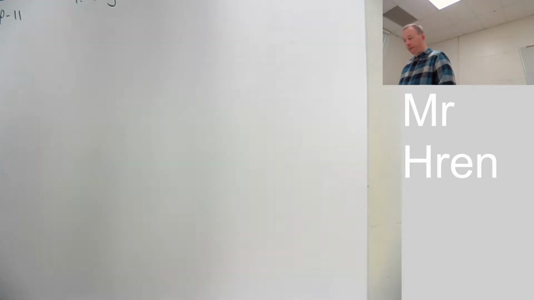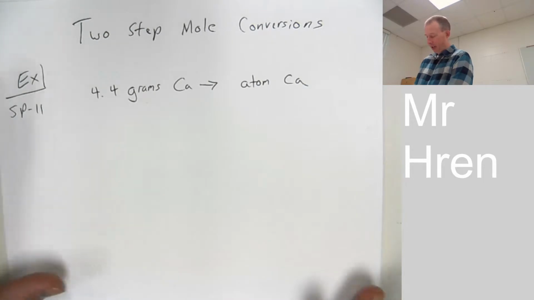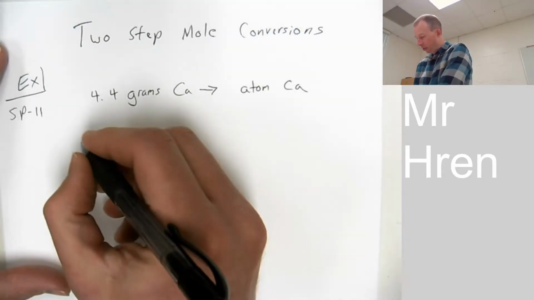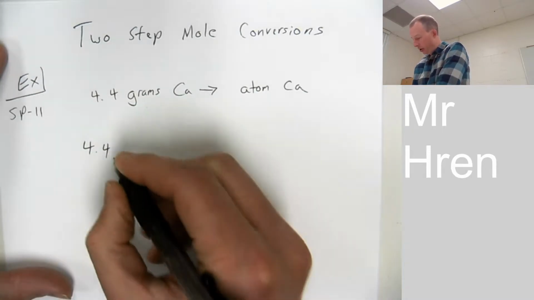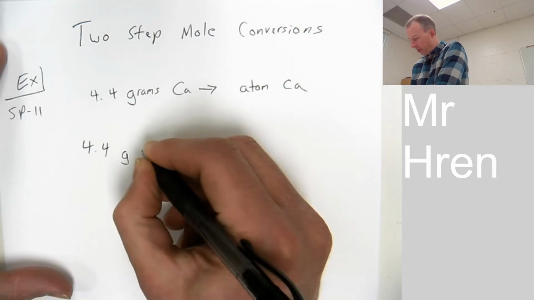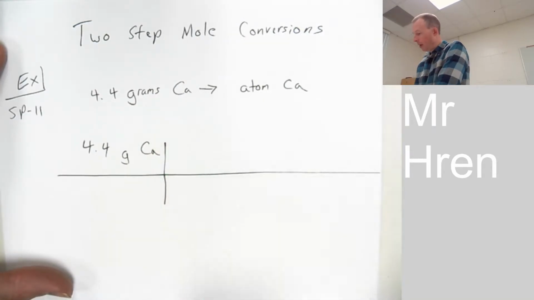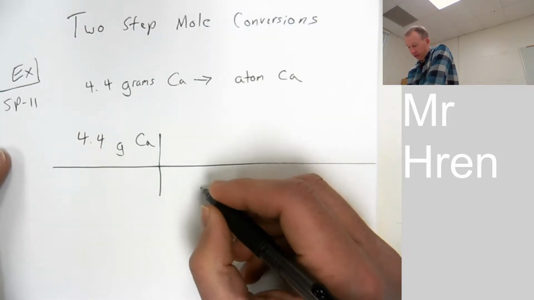Now the setup. This is where people get a little lost sometimes. The way we're going to do this is the same idea, except we're just going to use a longer conversion chart here. So I'm going to write it out. I'm going to say grams of calcium. Now I'm going to do this all on one line because it's just much better, and that's the way you should do it.